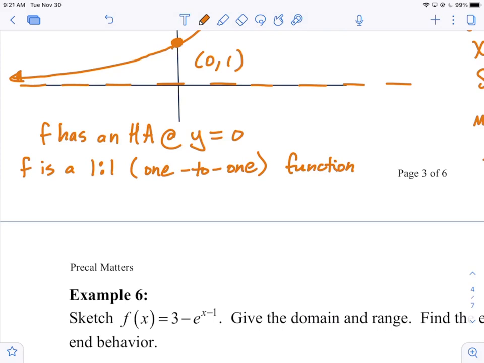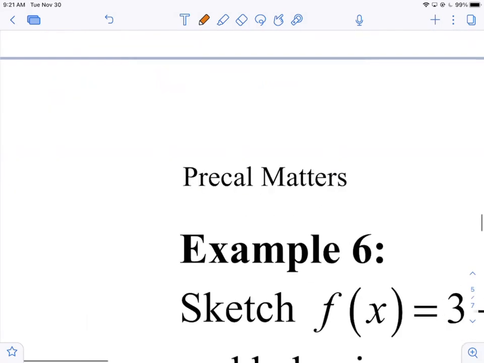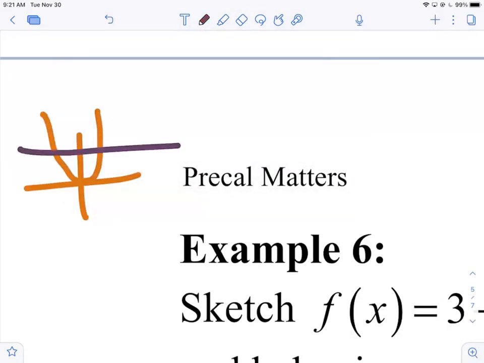Okay. So to be a function, it has to pass the vertical line test. To be a one-to-one function, it has to pass the vertical line test and the horizontal line test. Does our parabola x squared pass the horizontal line test? No, because we have one y value coming from two different x values.